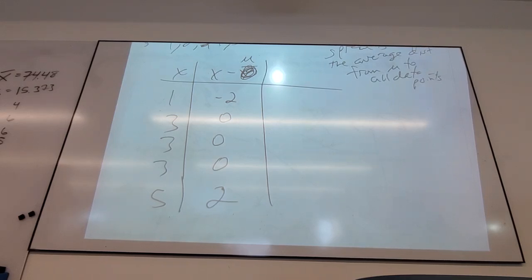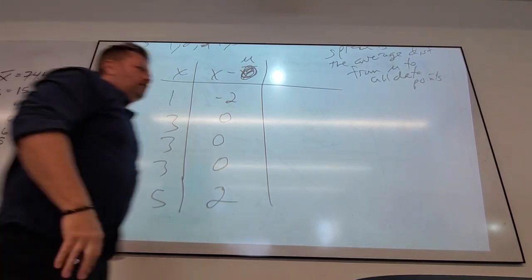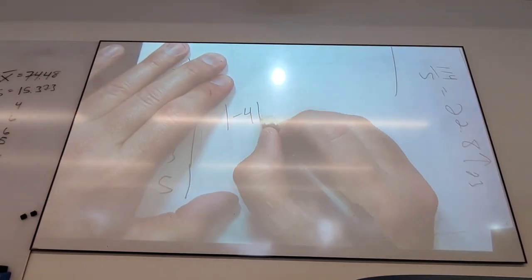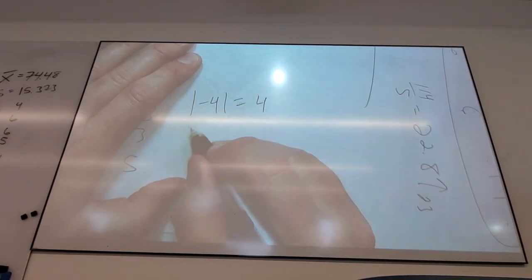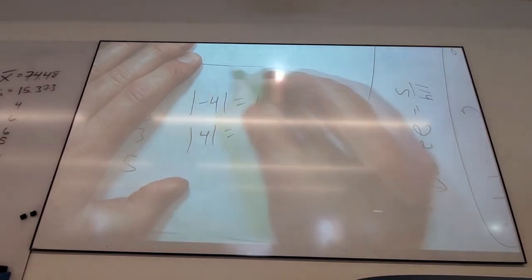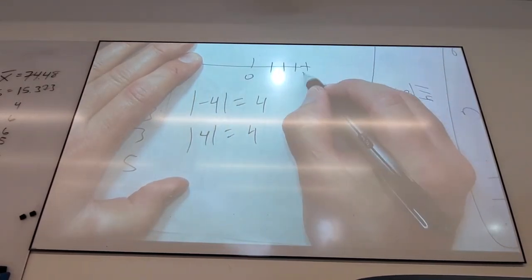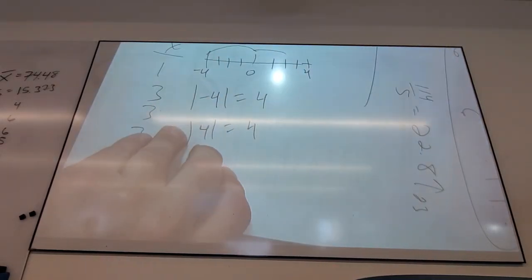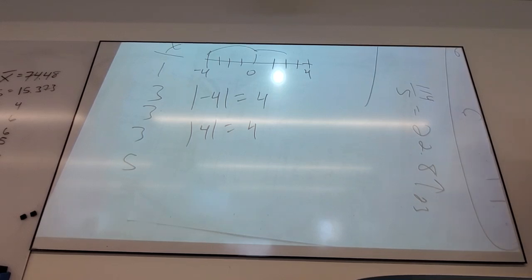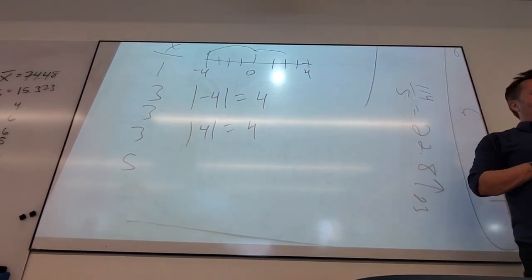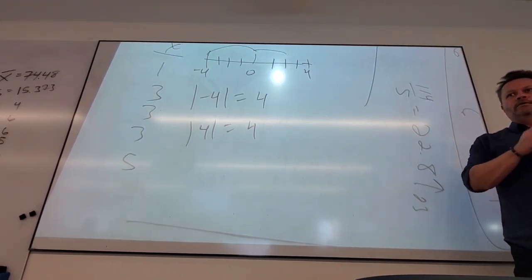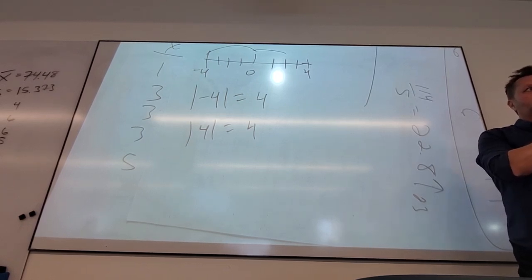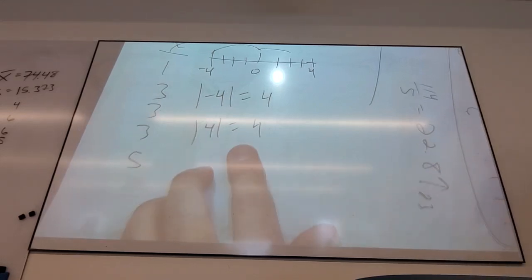So the absolute value of -4 is 4, and the absolute value of 4 is 4, because how far away from 0 are 4 and -4? They're both 4 away. You wouldn't say that either one is -4 away, that'd be weird. This is called absolute value.